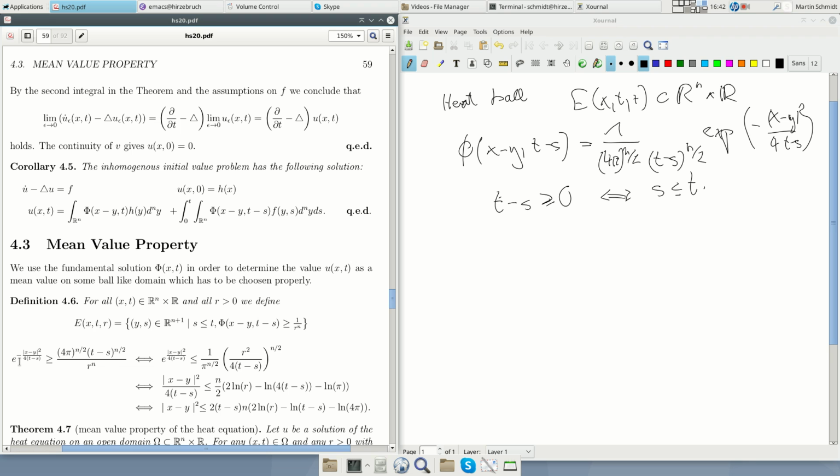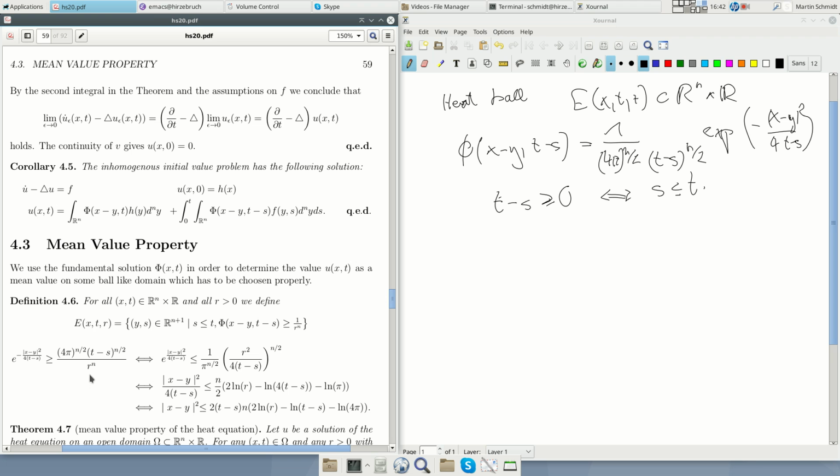Okay, so this is the inequality here, and in this step we just rewrote everything.